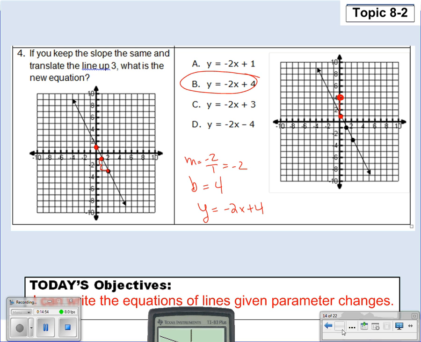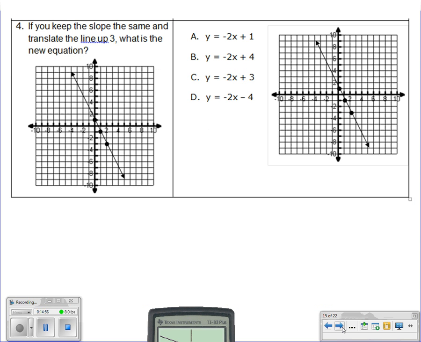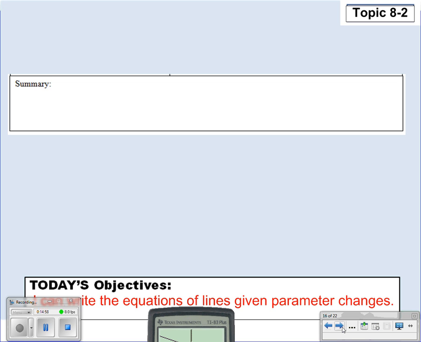All right, so to summarize what we did, the summary's on the front of the page. We first must start with our original equation. We need to know what our original equation is. So that means we need to know the m and the b.